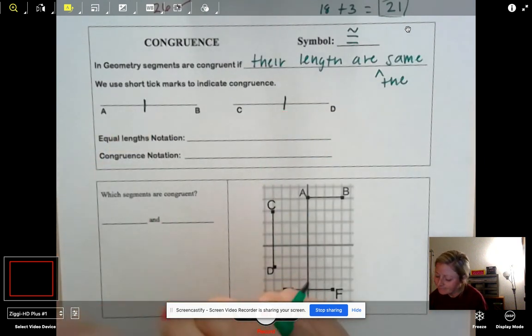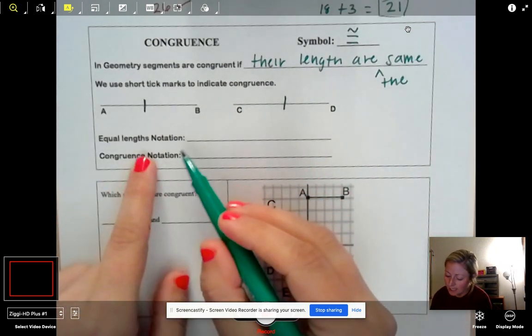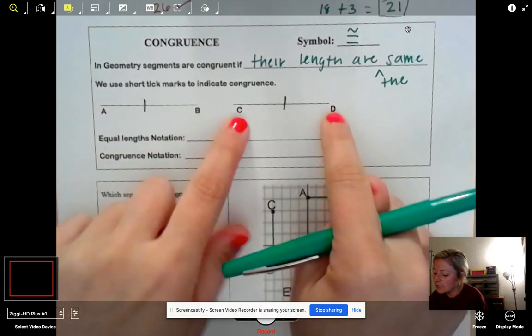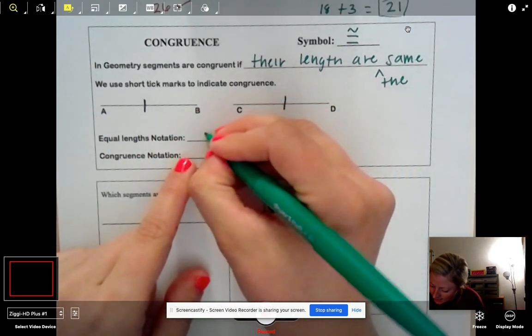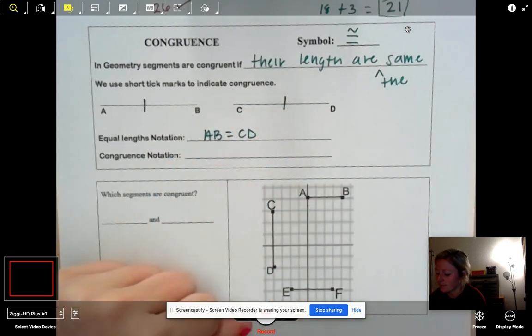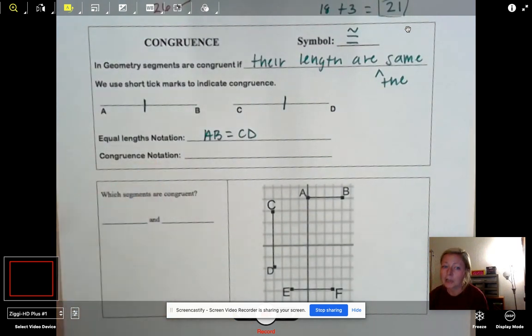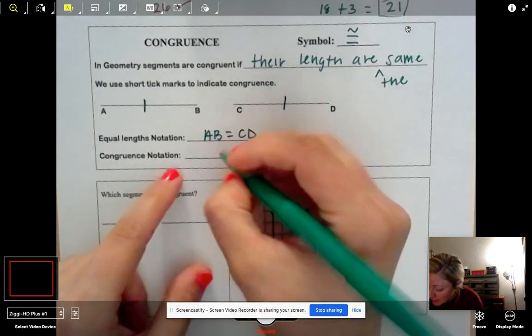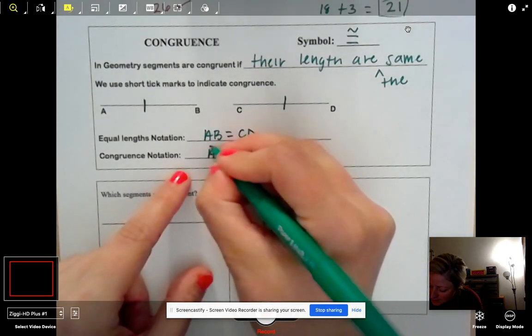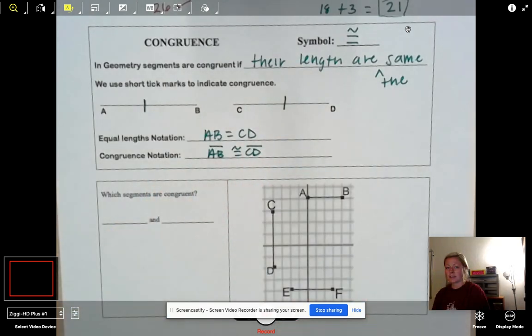And then this is where we get a little technical. If I want to talk about the lengths of these two segments, I would say AB is equal to CD. Kind of goofy. But if I want to talk about the actual segments being congruent, I would say segment AB is congruent to segment CD.